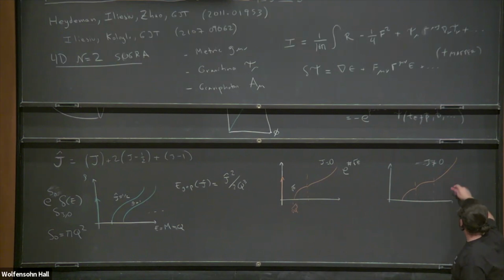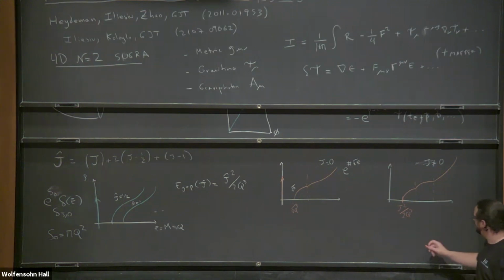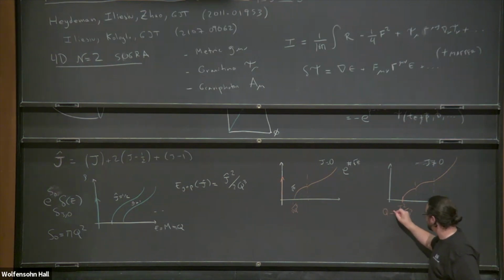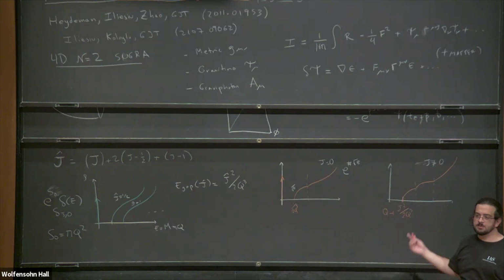There is a continuum that goes to E to the area, but then it goes to the extremal. So this would be the extremal k squared over 2q cube correction above q. The total mass will be q plus this. And the density of states, instead of going to a large degeneracy, goes all the way to 0, and there is no gap.